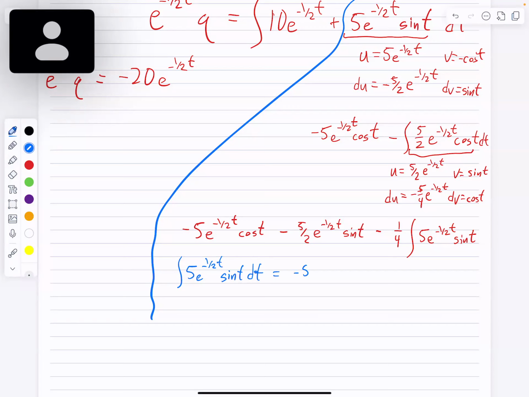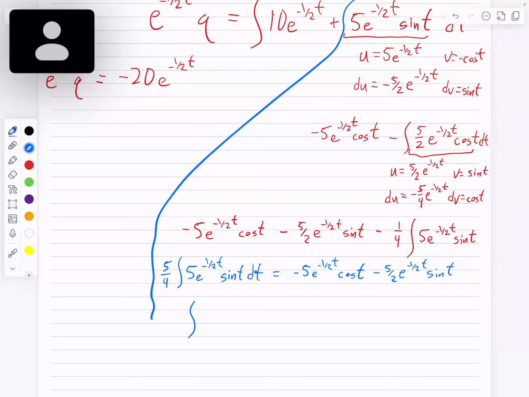So -5e to the -1/2 t cos t minus 5/2 e to the -1/2 t sine t. And then I'm going to add 1/4 of it. So 1 plus 1/4 gives me 5/4. And so I get to divide both sides by 4/5 to get the answer.